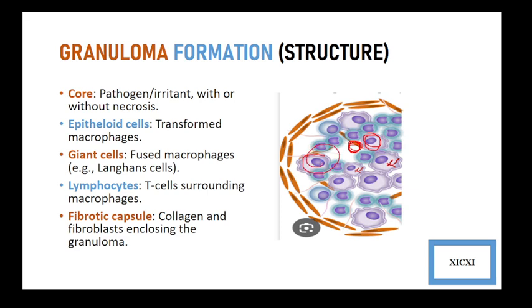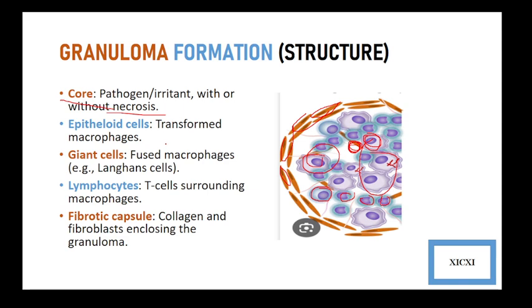There are also some T cells floating around. Then we have what we call collagen protein, formed by fibroblasts, which come and make encapsulation of this pathogen. So in the core, there is the pathogen with or without necrosis. This is what is happening in the core.